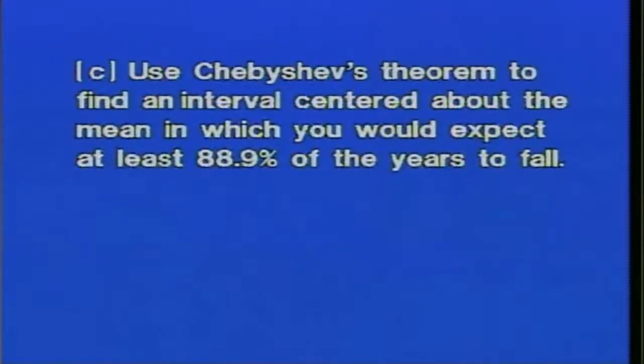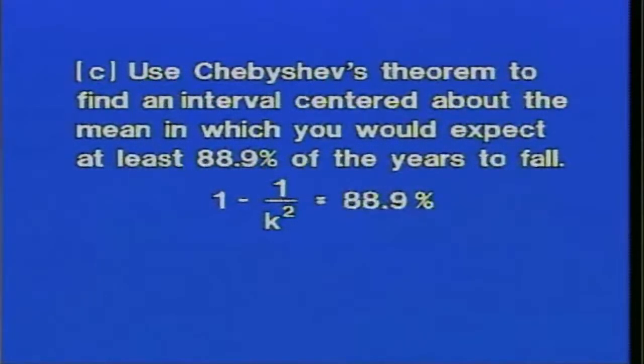And we can make that calculation by using Chebyshev's theorem directly. The theorem says that the number of standard deviations is given by k, where k is greater than 1, in the expression 1 minus 1 over k squared. And this is for any distribution of information.